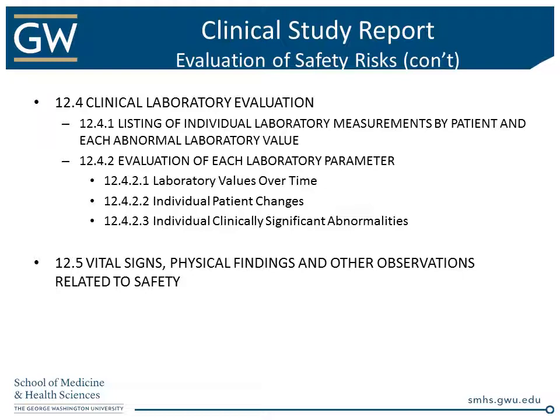In such cases, a brief statement to this effect can be made, and these data are not identified separately here. Other observations is a catch-all category and usually includes ECG results and any other safety data that do not otherwise fall into the category of adverse events, vital signs, and laboratory data.